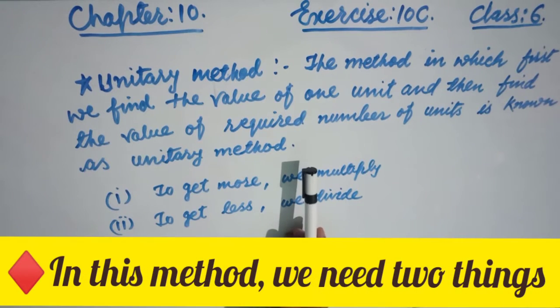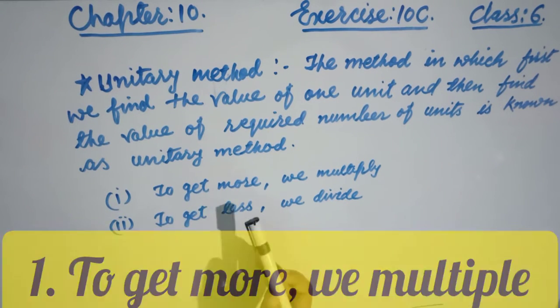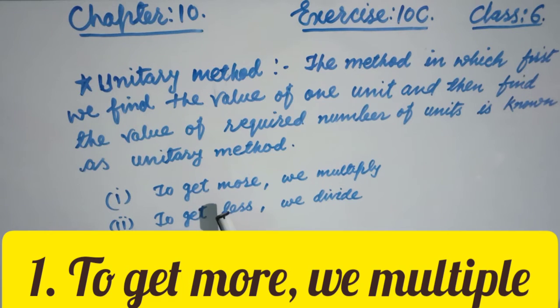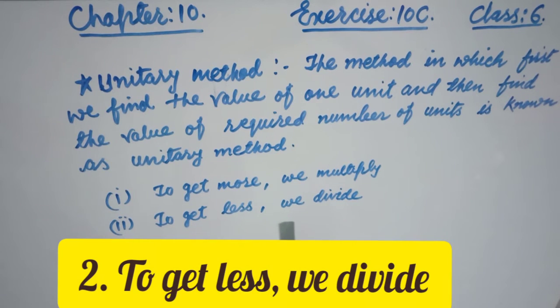In this method friends, we need two things. In order to get more quantity, that means in order to get more things, we have to multiply, or in order to get less, we have to divide.